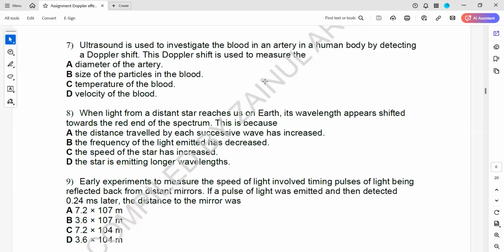Question 7. Ultrasound is used to investigate the blood in the artery in a human body by detecting a Doppler shift. This Doppler shift is used to measure what? Where can we use this?